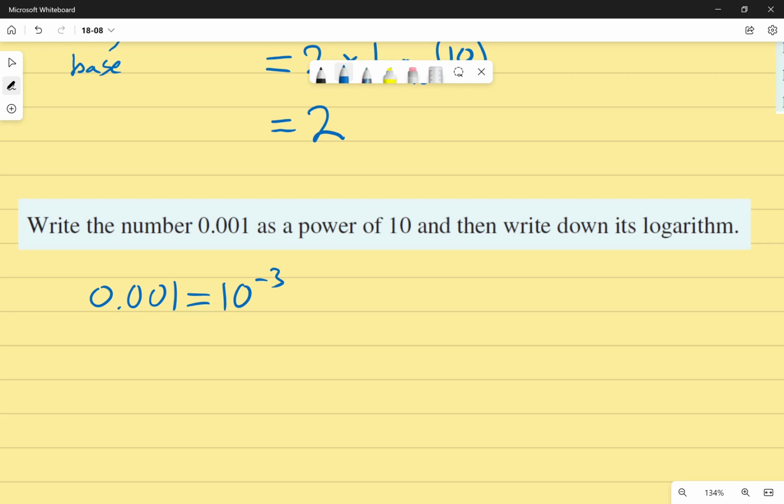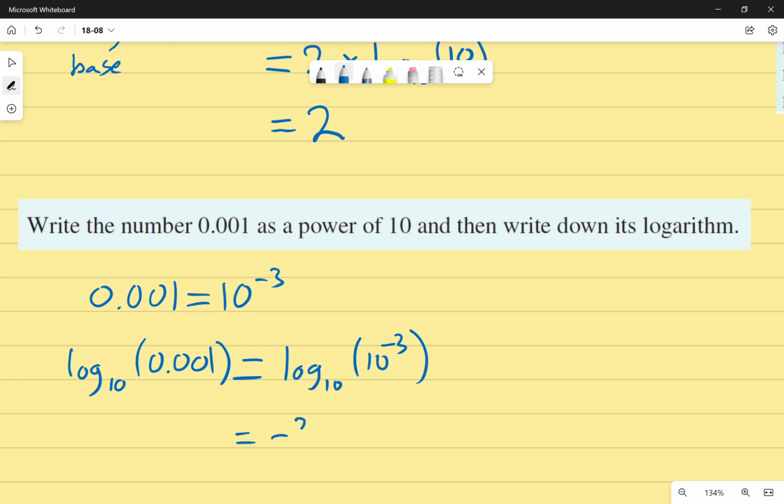Then if we wanted to find the log of 0.001, we take the log base 10 of 0.001. That is the same as saying we're taking the log of 10 to the negative 3. Again, we can take that power of negative 3 out the front of the log and multiply it by log base 10 of 10, which will just be equal to negative 3.